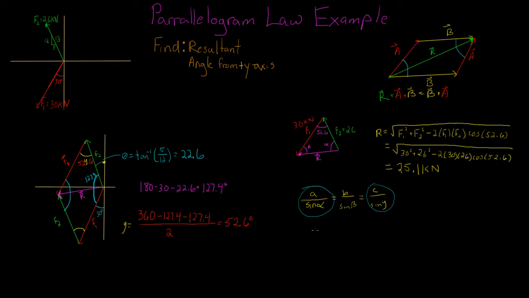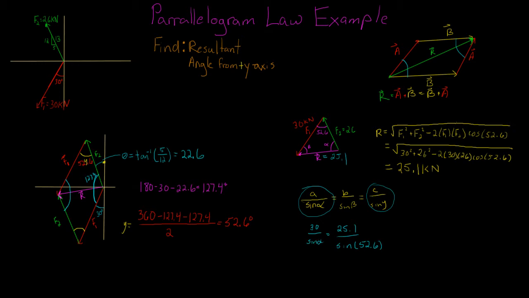So I have 30 over sine of alpha is equal to this resultant, which is 25.1, over the sine of 52.6.